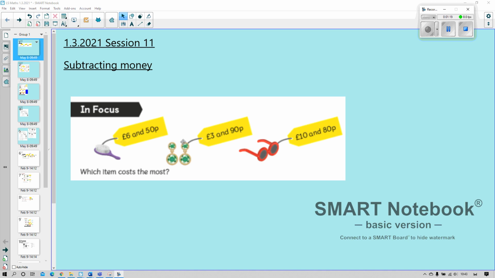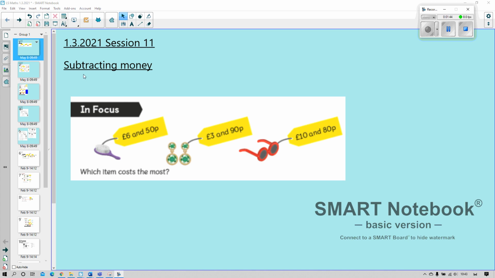How much more expensive are the sunglasses to the hairbrush? And so on. See if you can have a go working that out. Don't forget, you will need to be subtracting. So the larger number, take away the smaller number. Okay, pause me here, come back when you've had a go and we'll talk it through.